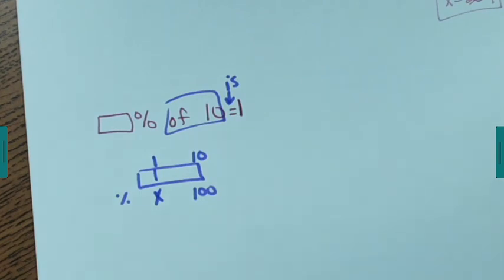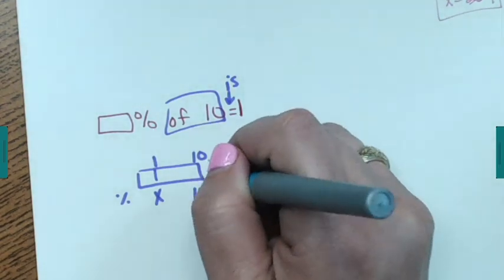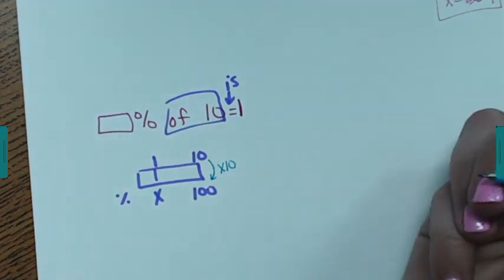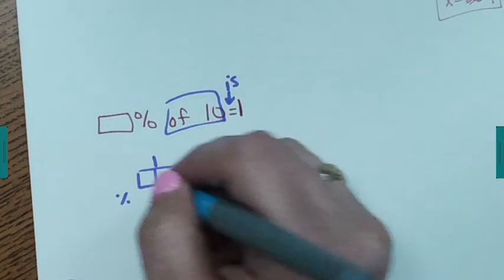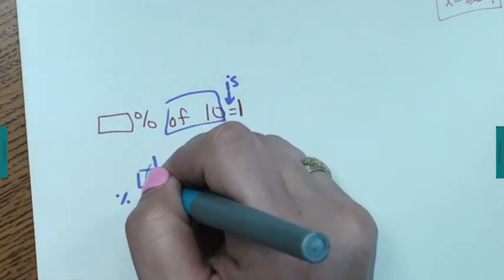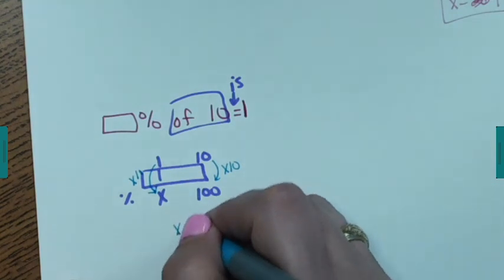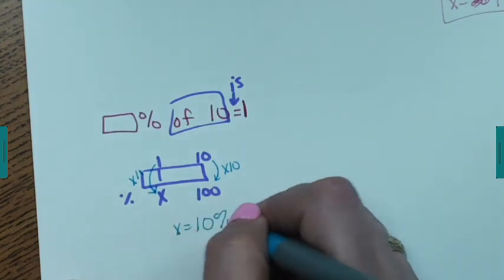Yes. Okay, what's the shortcut? Times 10. Okay, so this way times 10. Yeah, 10 times 10. On the other side, am I going the same direction or opposite? Same, because I'm pointing down. So I'm doing the same, which is what? 10. This time it is a percent, 10%.